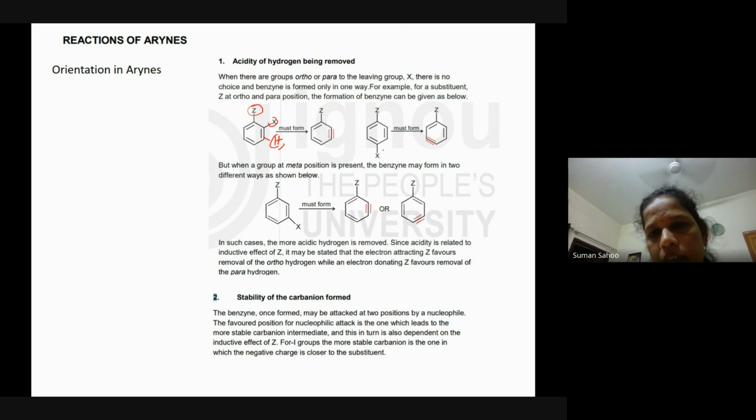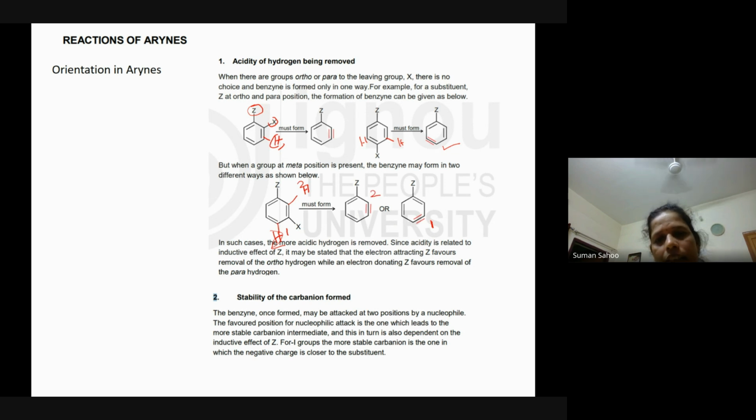Even when you have a para substituted product, either this hydrogen or this hydrogen can be removed to give you this benzyne. But when you have a meta substituted product, then you have a hydrogen at this side and a hydrogen at this side. Suppose this one is 1: if it is removed, you get this benzyne, or when hydrogen 2 is removed, you get this benzyne.